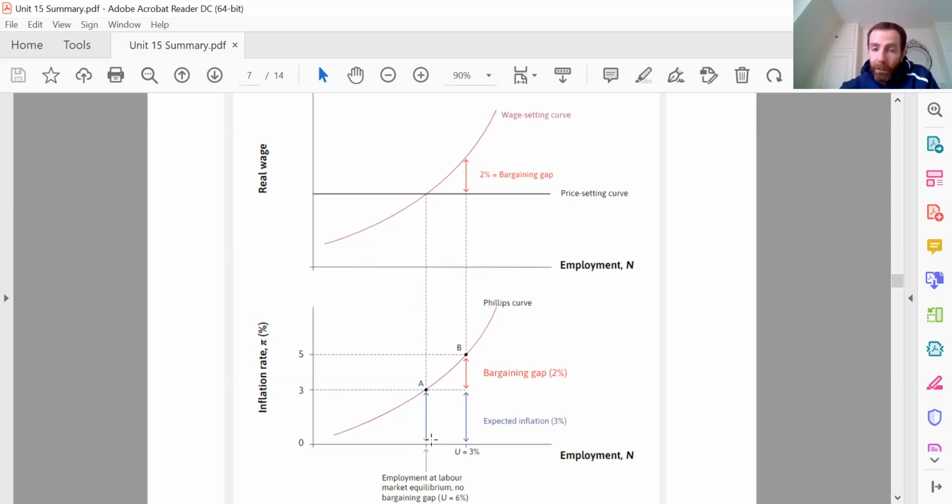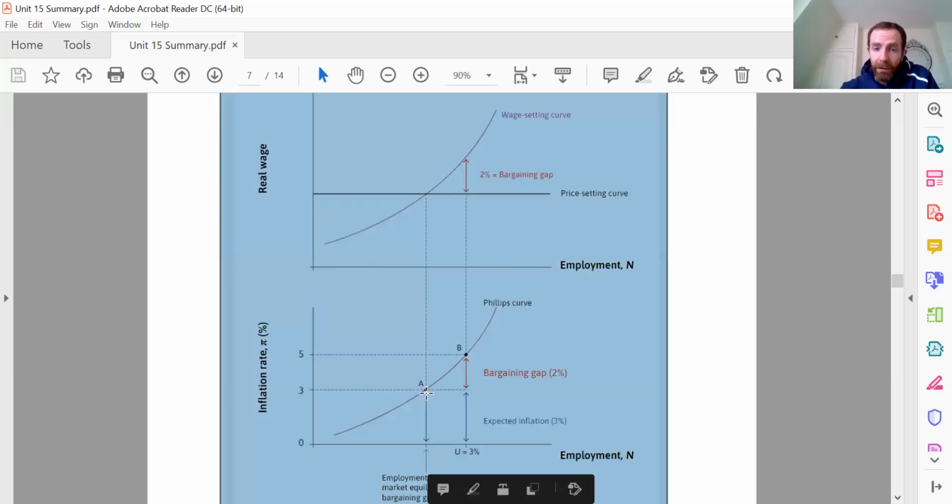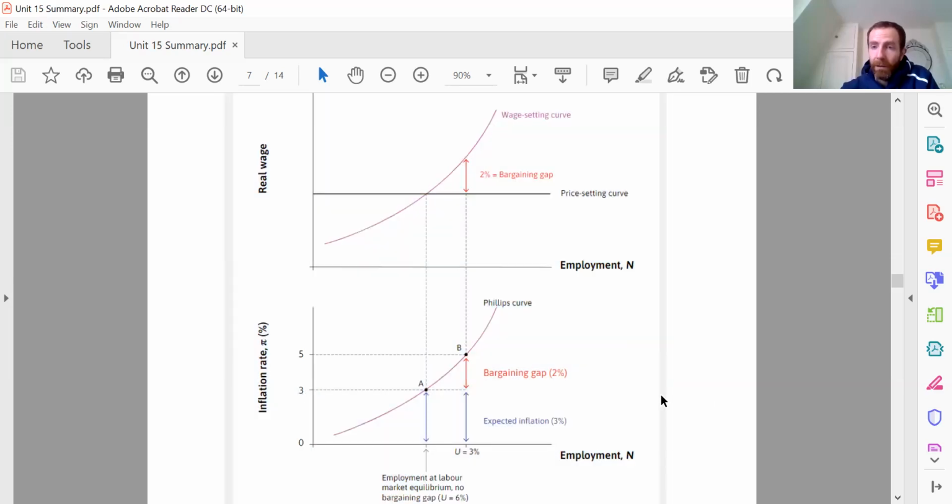But at that equilibrium, the inflation rate would actually be 3%. So this is a really important jump. We're now saying at equilibrium in the labor market, people would expect to see 3% inflation. Going up to the labor market, if we're in equilibrium, then the price setting curve and wage setting curve are meeting, and everybody's happy. There's no conflict over the size of the pie.